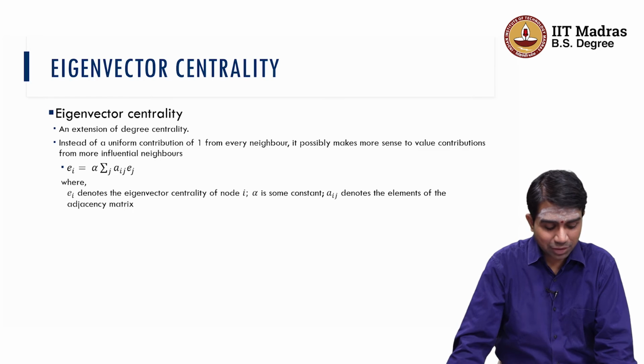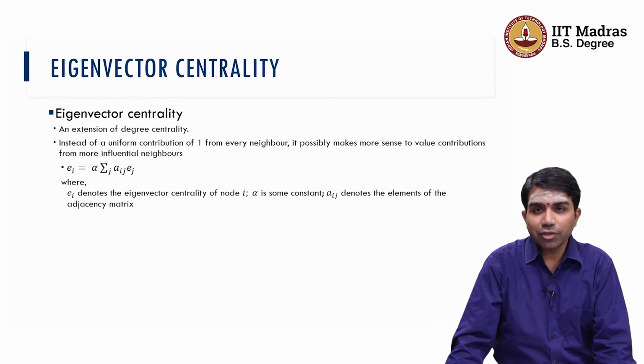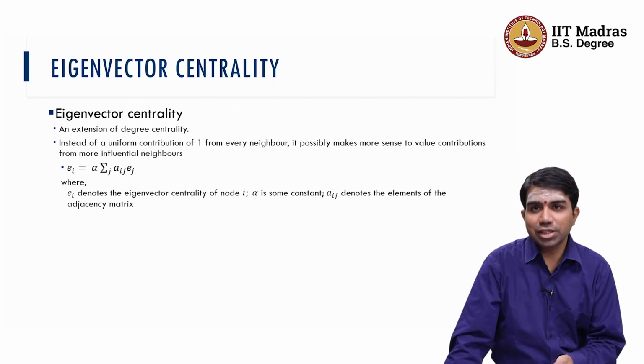So think of it in this fashion. You have E_i as some weighted function of A_ij times E_j.